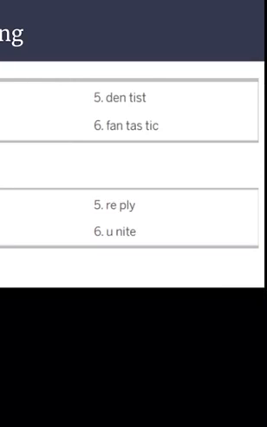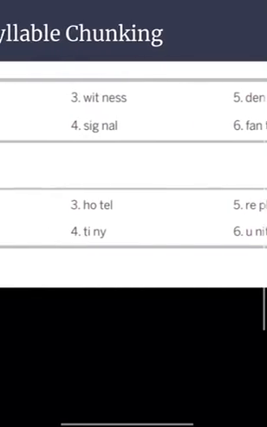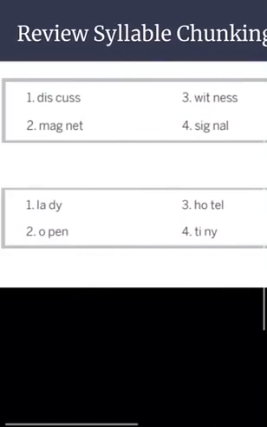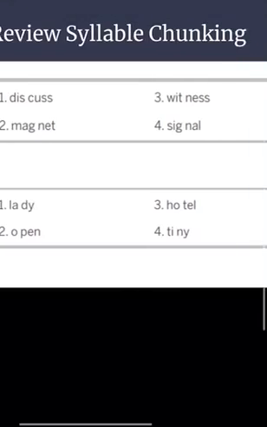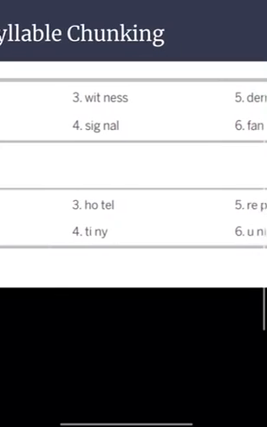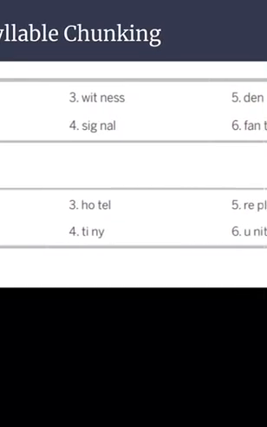Now these words are all chunked right after that first long vowel sound, right? Let's look at number 1. It's separated right after that A vowel. Number 2 is separated right after that long O vowel sound. And how about number 3? Again, separated after that long O vowel sound.